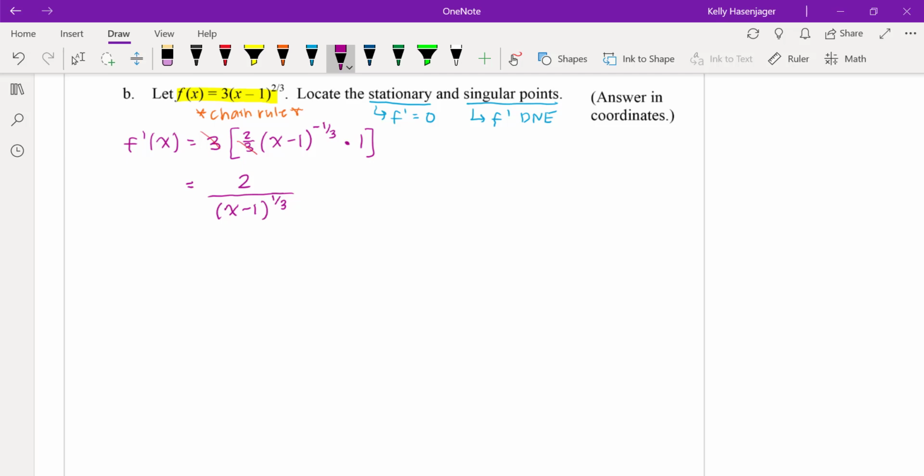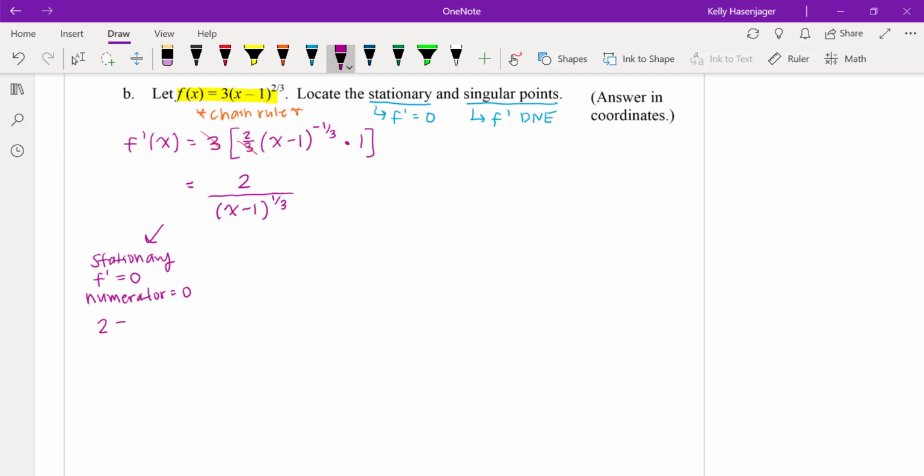Now that we have our simplified derivative, we're going to find the stationary and singular points. The stationary point is where our derivative is 0, and the only way a fraction can be 0 is if the numerator is 0. So we're going to set our numerator equal to 0, which is 2.